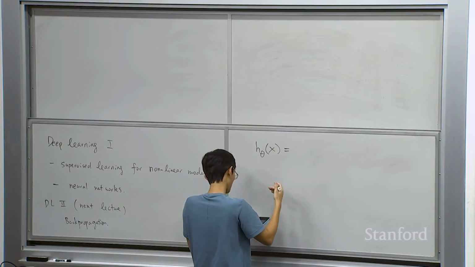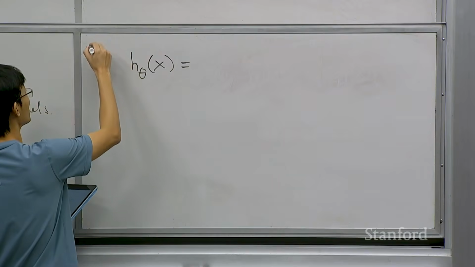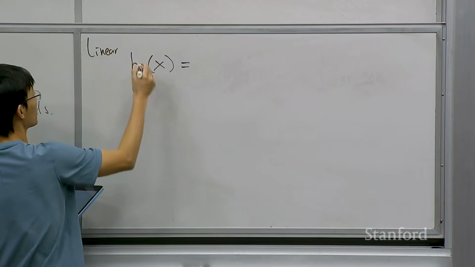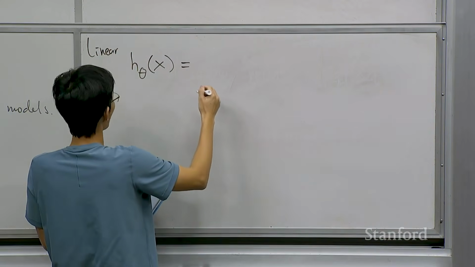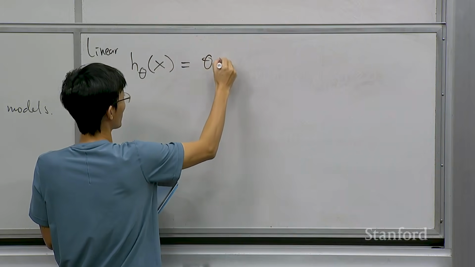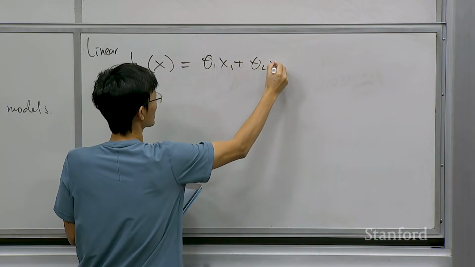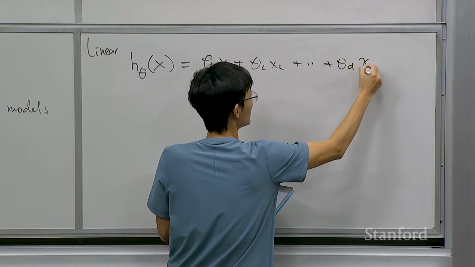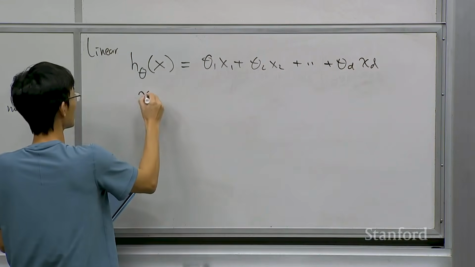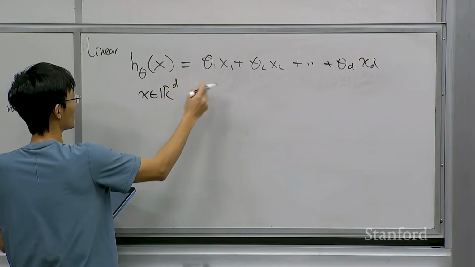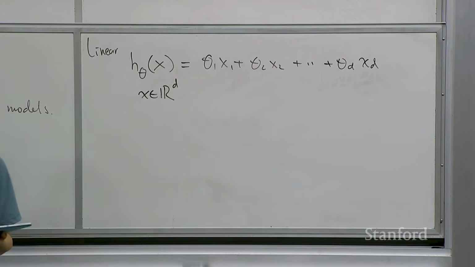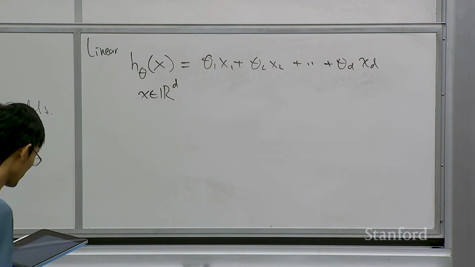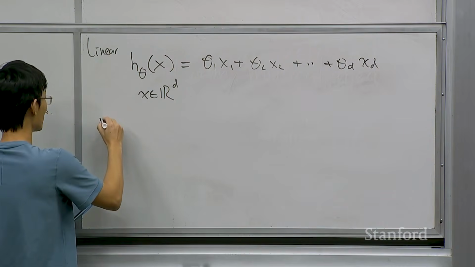But for a linear model, recall that h_theta(x) is equal to theta_1 x_1 plus theta_2 x_2 up to theta_d x_d, where x is the input, which is a d-dimensional vector, and theta is the parameters, which are also a d-dimensional vector.